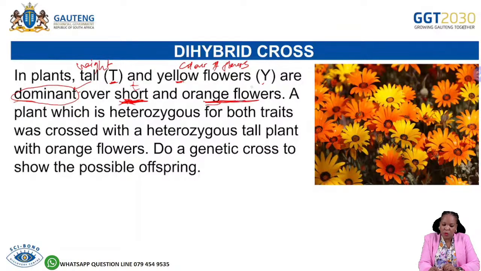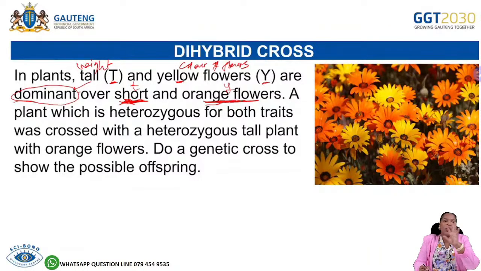Then orange flowers, we are not given a letter for orange flowers. What letter are we going to use there? We were told that yellow is capital letter Y and is dominant. Then orange is recessive, so we are going to use small letter y. We don't use a letter O, because then you will have so many letters that are confusing you.